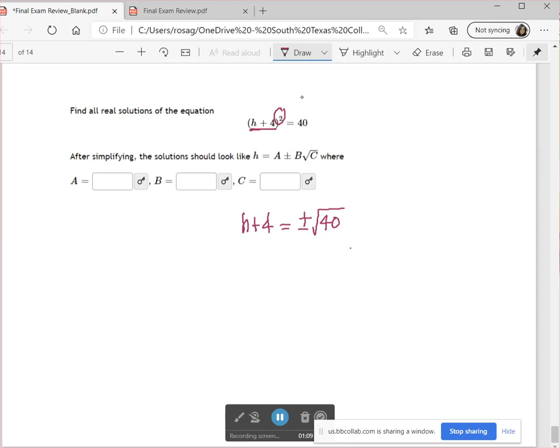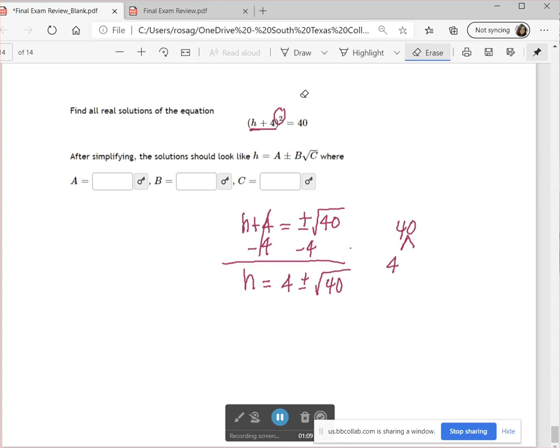Now, if you type the square root of 40 in the Casio, it will give you the simplified version of it, which you should do. But to solve for a, you do have to move the 4. Now, to simplify the 40, I am going to do the prime factors here because not everybody has the Casio to get the factors.